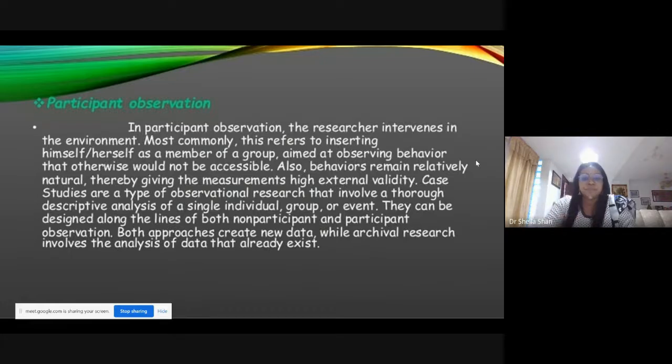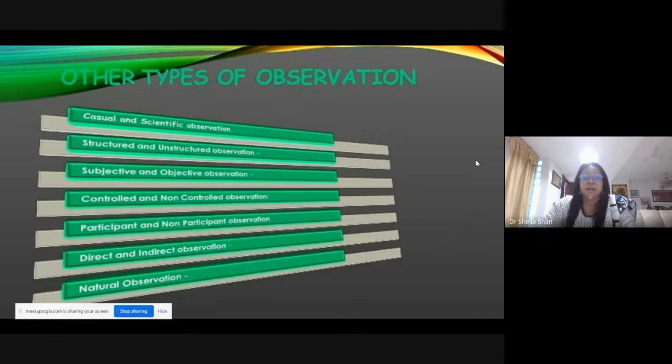All right. So case studies are a type of observational research that involve a thorough descriptive analysis of a single individual or a group event. Both approaches here create new data, and we involve the analysis of data that already exists.